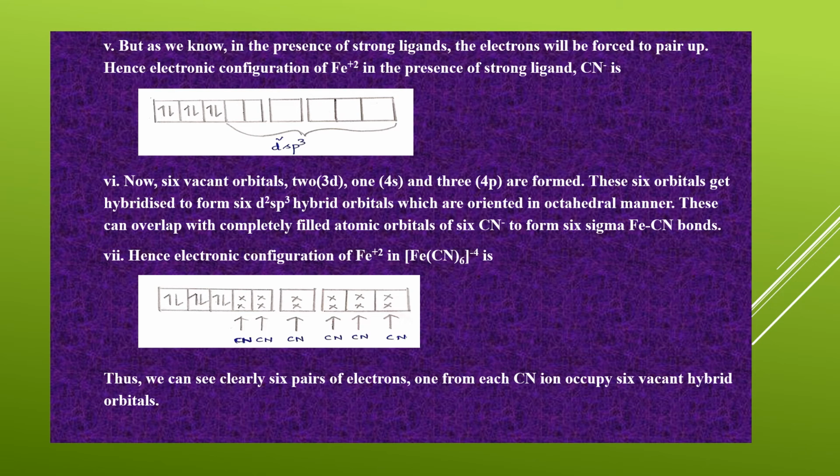So what are you observing here? 6 pairs of electrons, one from each CN- ion, occupy 6 vacant hybrid orbitals. 6 pairs of electrons, one from each cyanide ion, occupy 6 vacant hybrid orbitals. Am I clear, students? Fine.